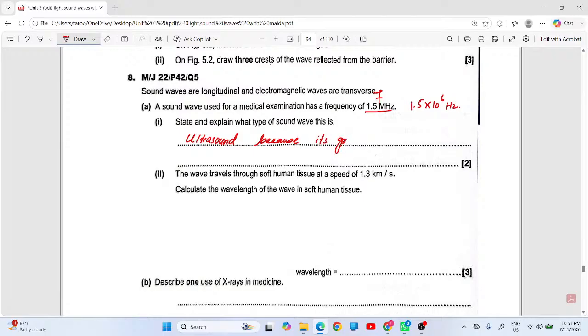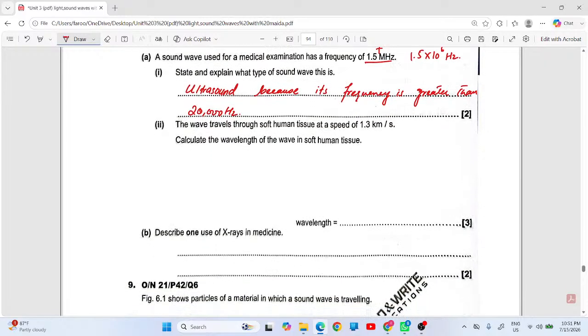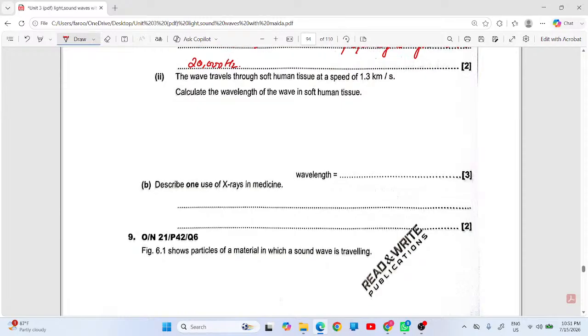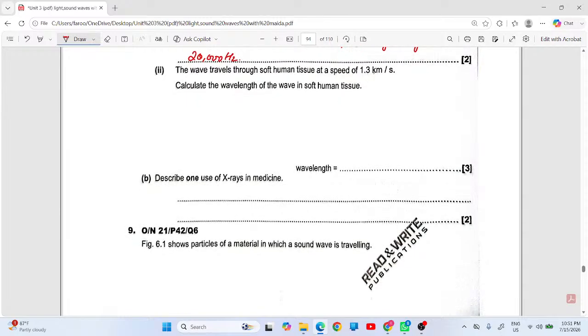Because its frequency is greater than 20,000 hertz.